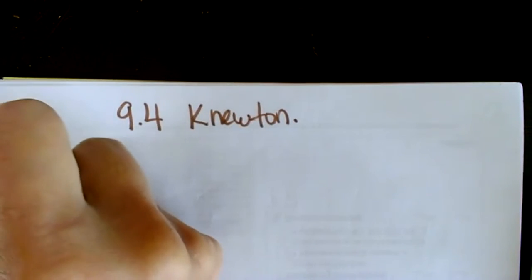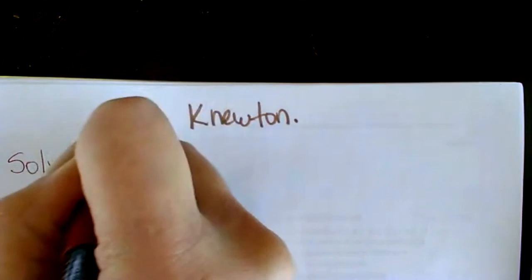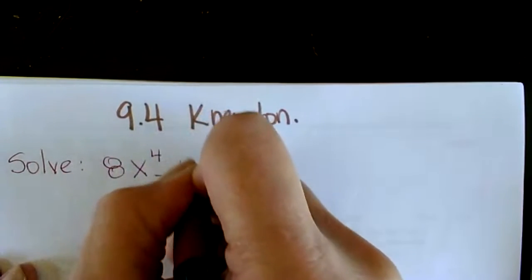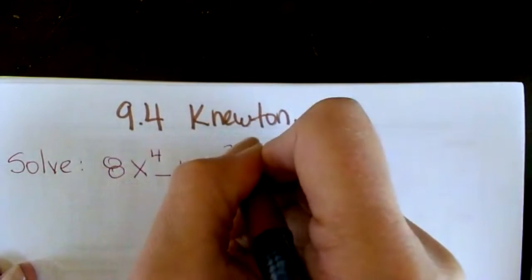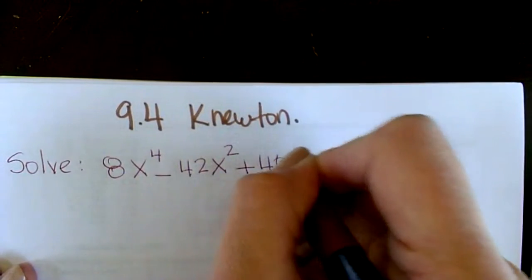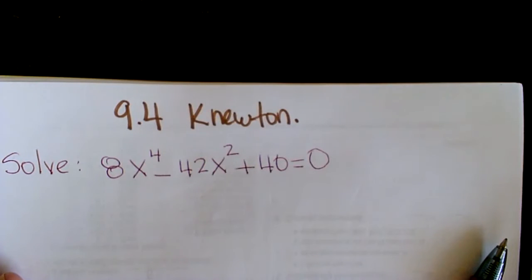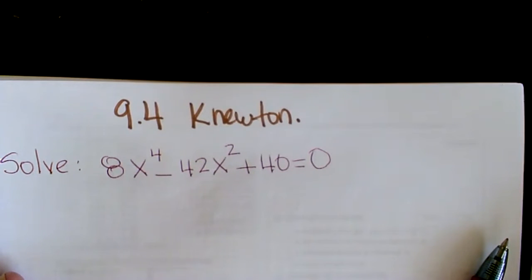It says solve, and it's giving us 8x to the 4th power minus 42x to the 2nd power plus 40 equals 0. It says enter all solutions separated by a comma. Do not include x equals in your answers.